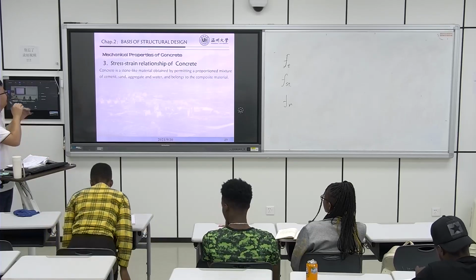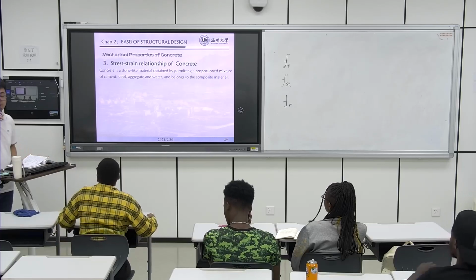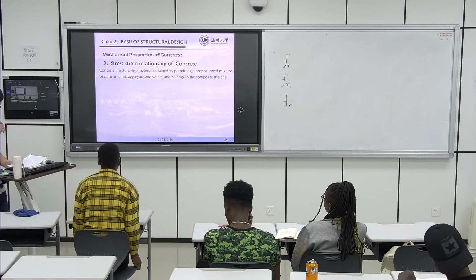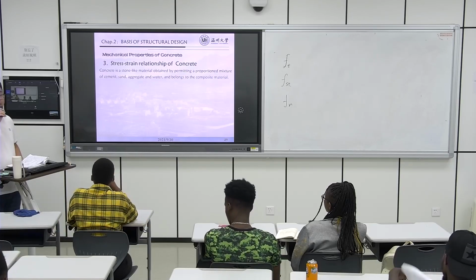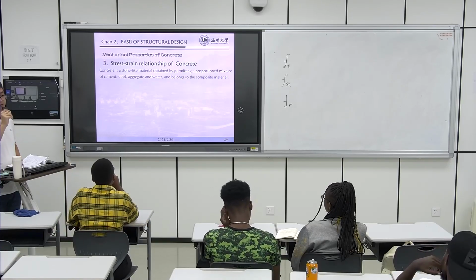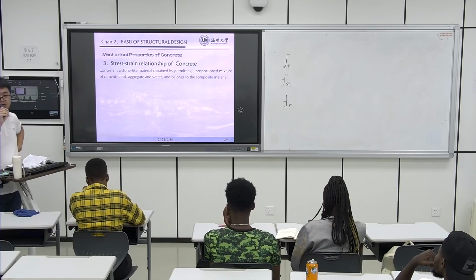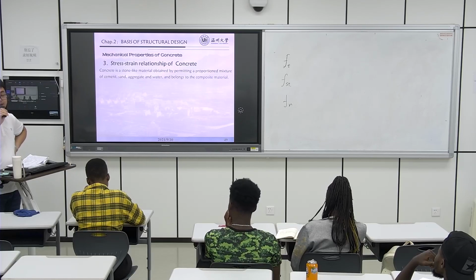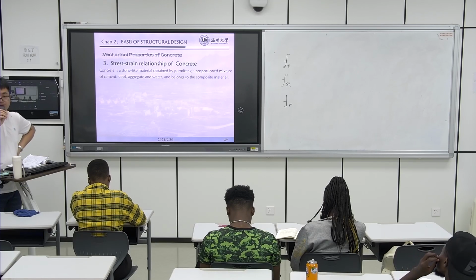At the beginning of this part, I want to summarize. What we introduced before are characteristic parameters that describe the concrete. I hope my students can remember these 3 strengths and how we can acquire the strengths for cubic, for prism, and for tensile.